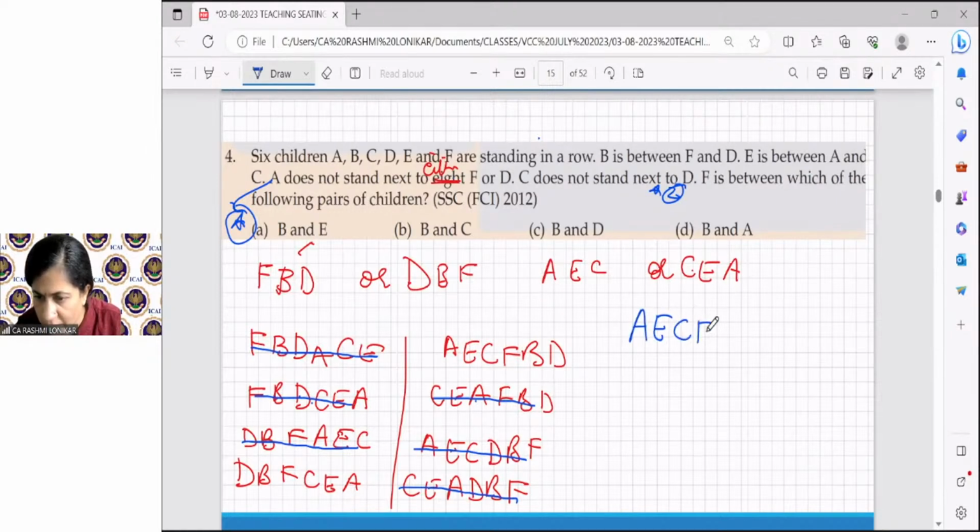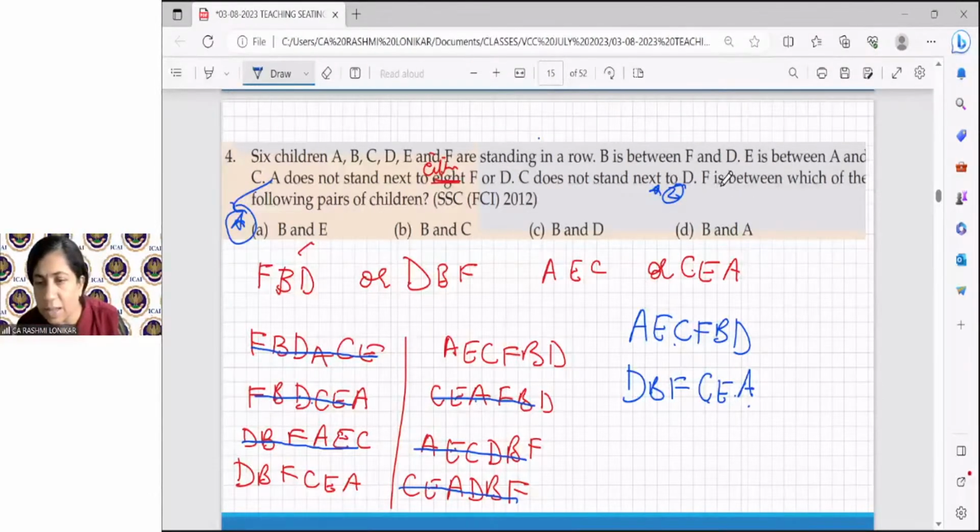A, E, C, F, B, D, and D, B, F, C, E, A. B is between F and D, E is between A and C, A is not standing next to F or D, and C is not standing next to D. I'll just check this in both the options.